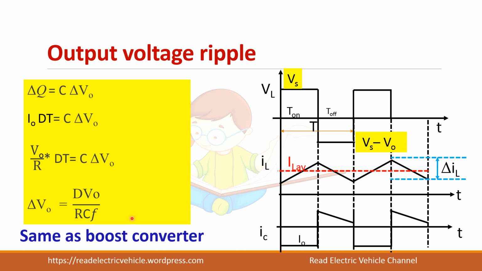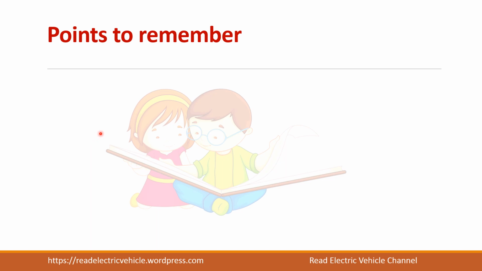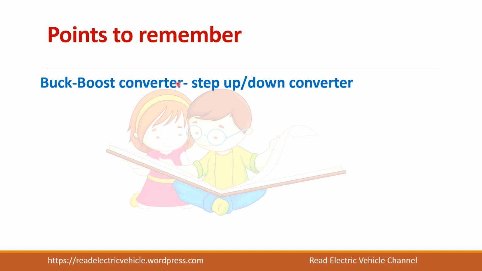So we can find that both the output voltage ripple and the inductor current ripple are the same as those of a boost converter. The points to remember here: the buck-boost converter is a step up or step down converter.